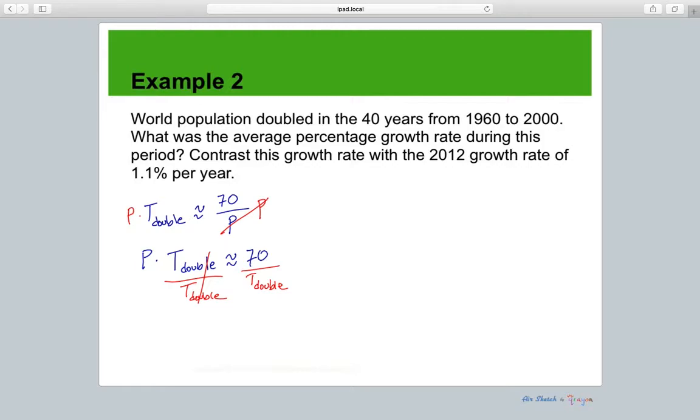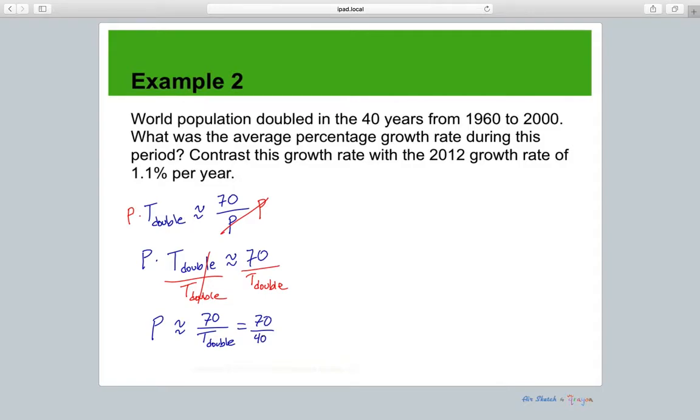So p is approximately 70 over T double. And for us, that's 70 over, the doubling time is stated to be 40 years.